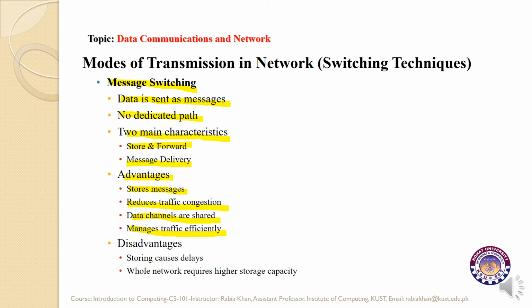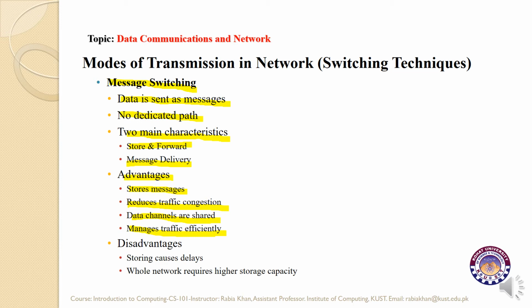So the traffic is efficiently managed. If data is meant to be sent by one party and by another party, that can be done simultaneously. So one node is working for one pair and it may be working at the same time for another sender and receiver pair. This is the benefit of message switching.